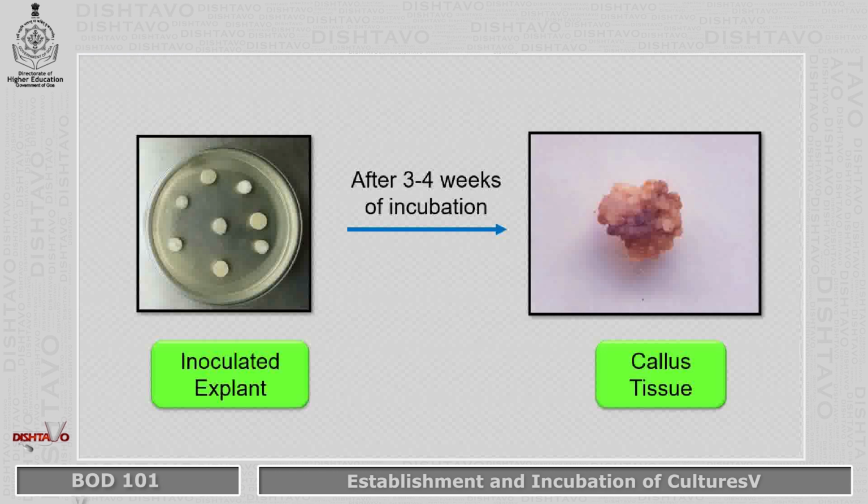We also learned about the culture room, the setup of the culture room, and all these ideal conditions that are provided in this culture room. The culture room also contains racks or shelves and a rotary shaker. And finally, we learned about the establishment of in vitro cultures, wherein different events take place during incubation of the cultures.